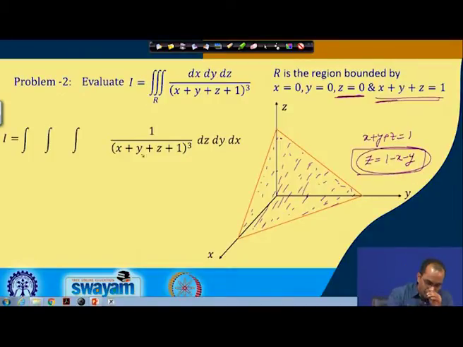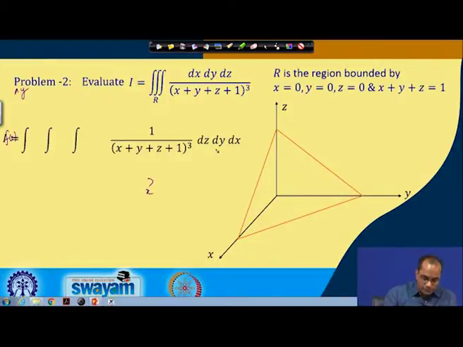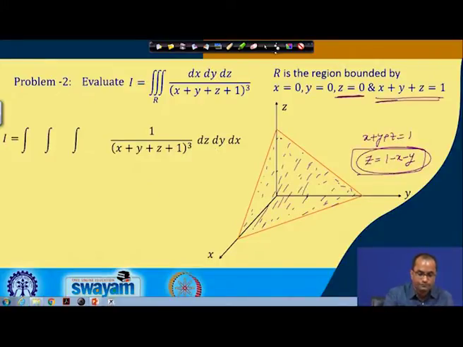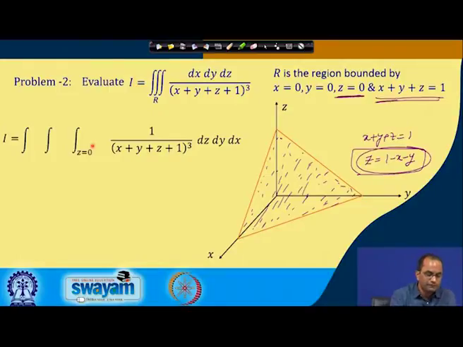So, for the limits of z we have z is equal to 0 to z is equal to 1 minus x minus y. So, the limits of z are fixed now. Now what we have to do is project this onto the xy plane.